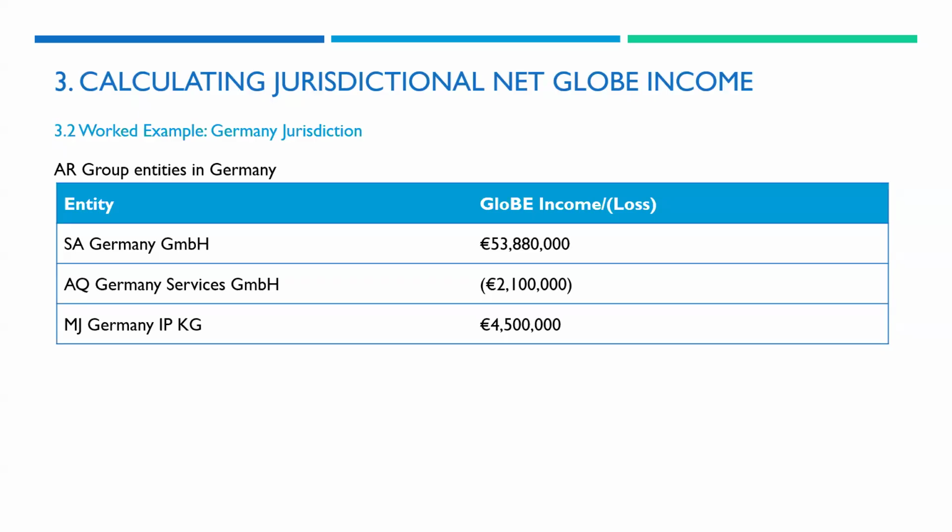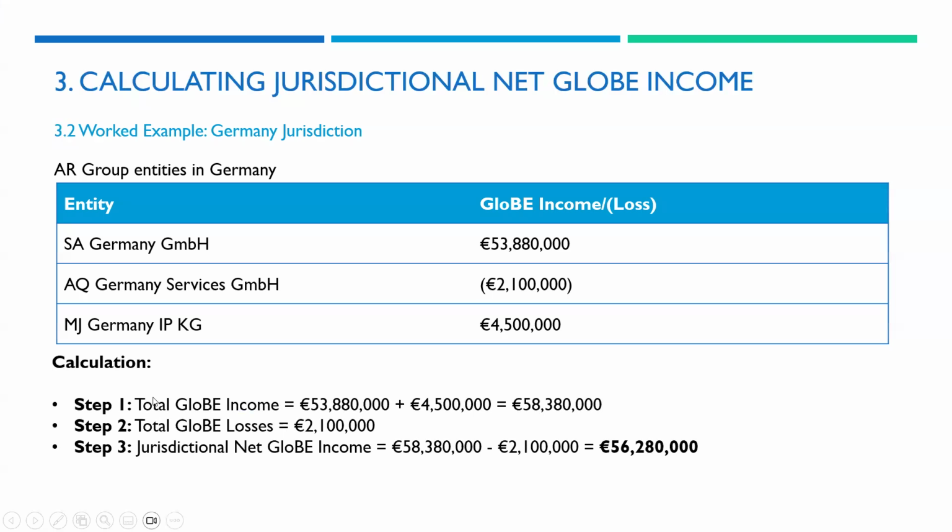What would be the denominator for Germany? 56 to 80,000. Okay. So let's see.